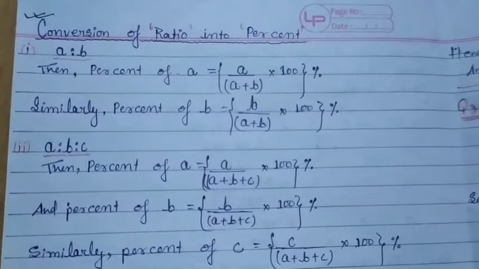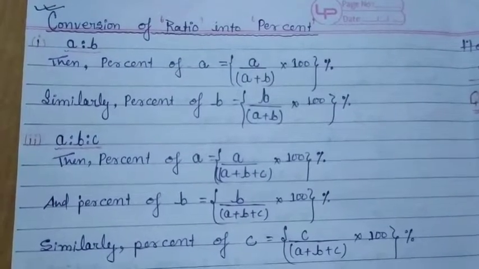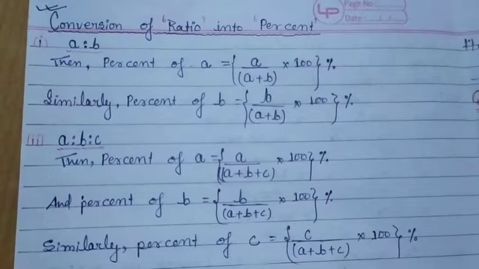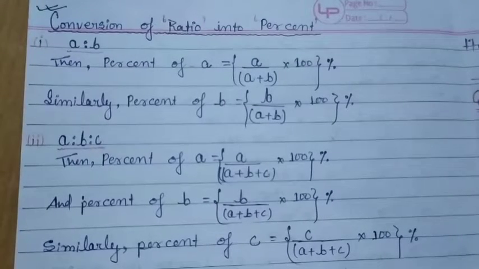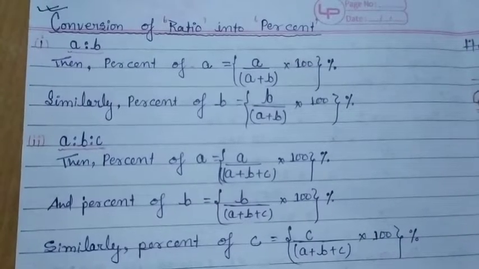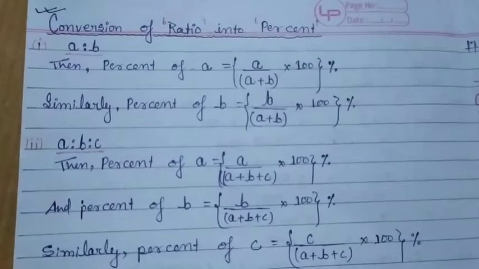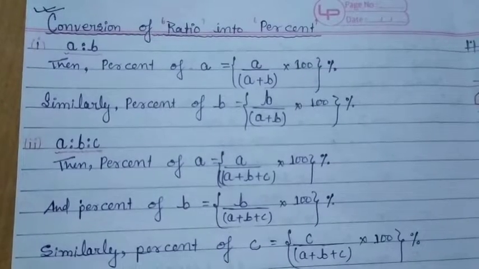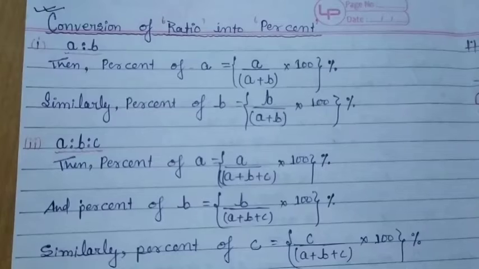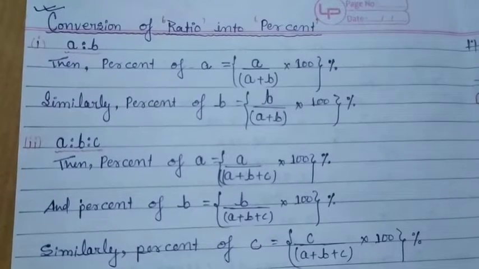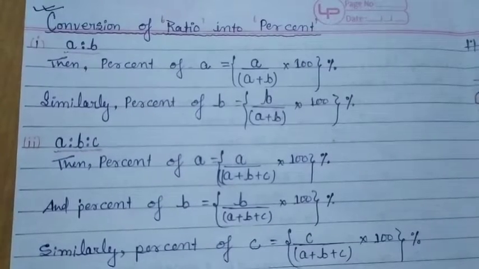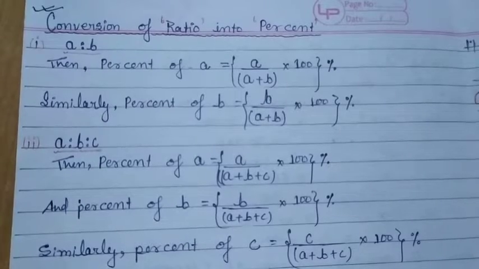So students, in last class we had learned how to find the percentage. Now we will learn how to convert a ratio into percent. For this you don't have to do anything new.